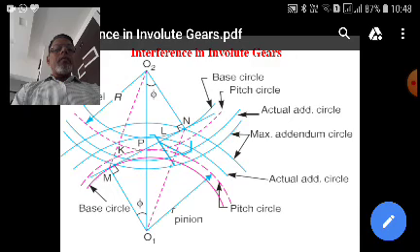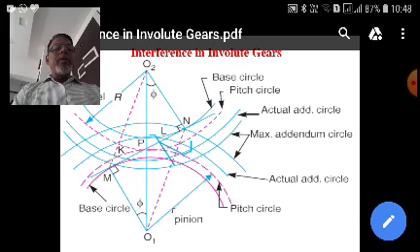Now here O1 is the center of the pinion, and O2 is the center of the gear, and MN is a common tangent to the base circle of the pinion and the gear.